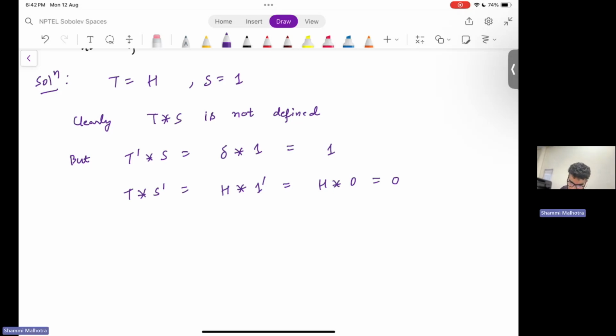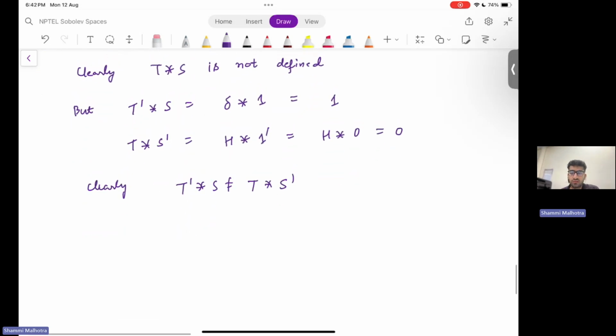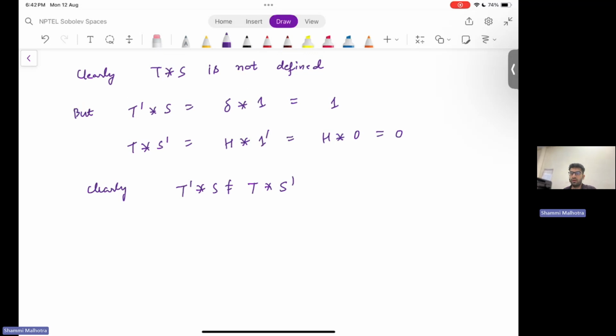So clearly T dash convolved with S is not equal to T convolved with S dash. And this is happening because both T and S don't have compact support, or at least one of them doesn't have compact support. So we have an issue here.